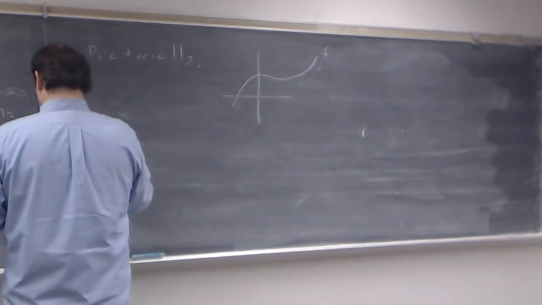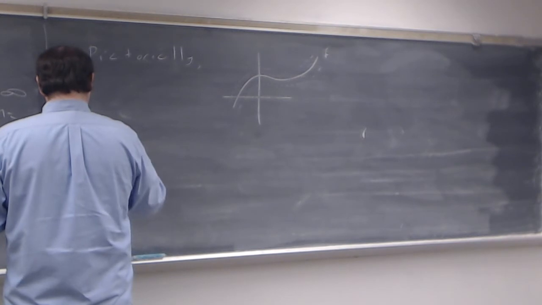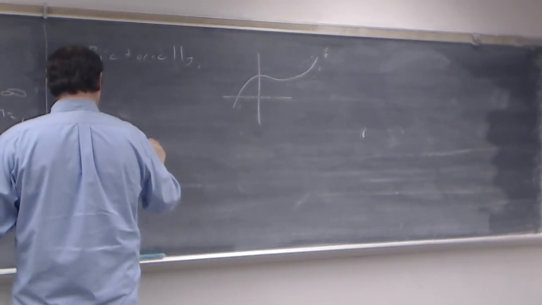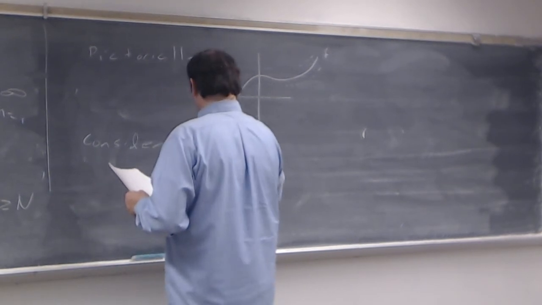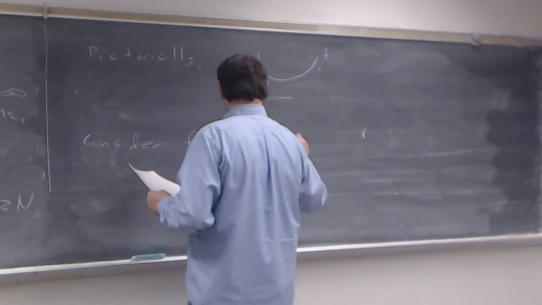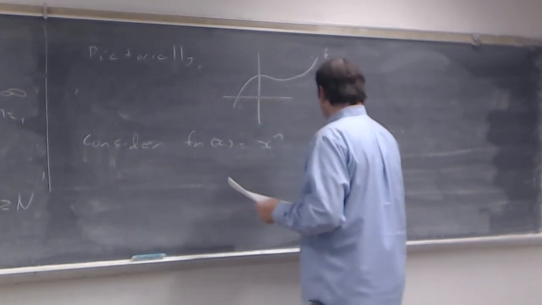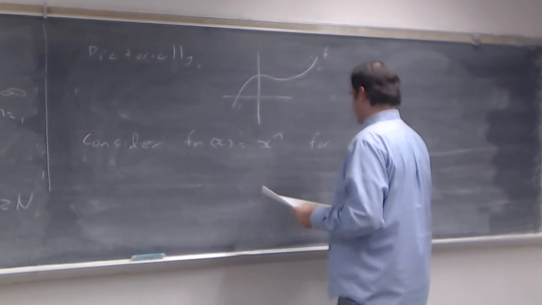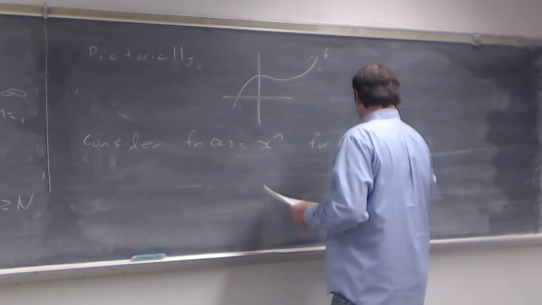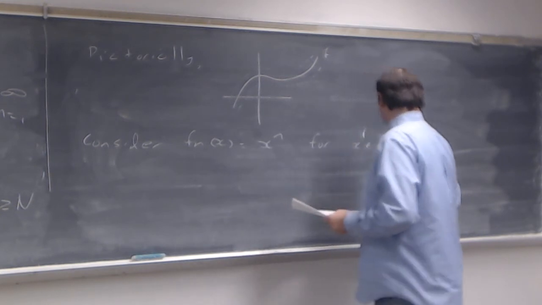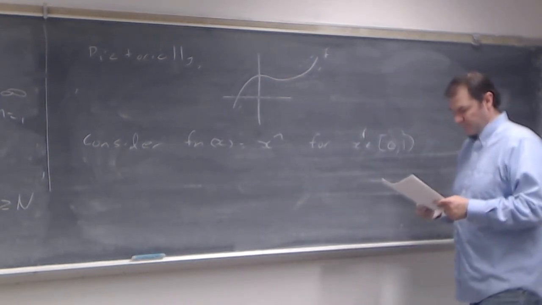Okay. Well, let's do an example. Let's start off with a previous example we talked about. Consider f sub n of x equals x to the n. It's not exactly the same example. Here I'm going to look at x being an element of the interval from 0 to 1, where we don't include 1.